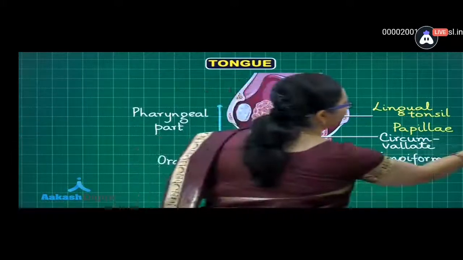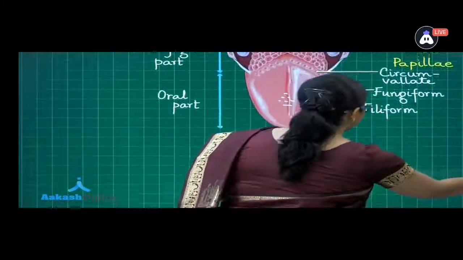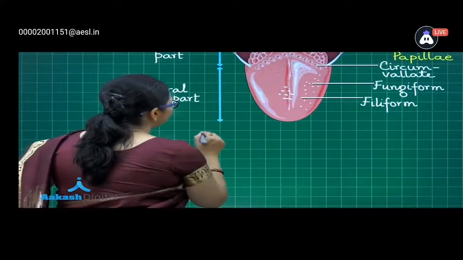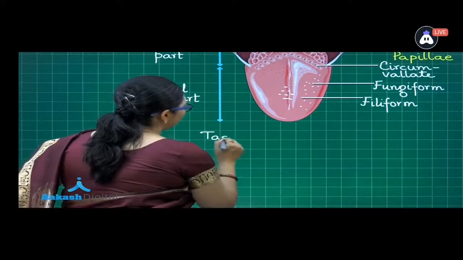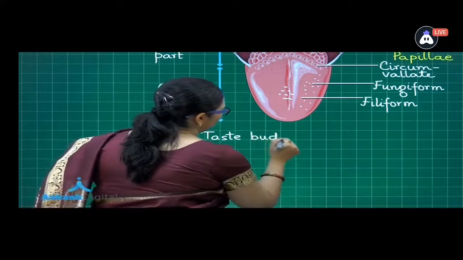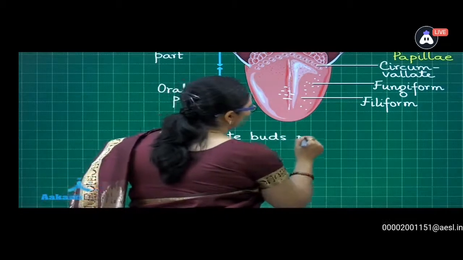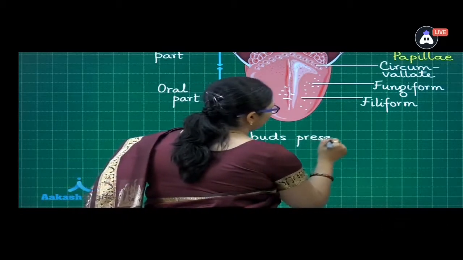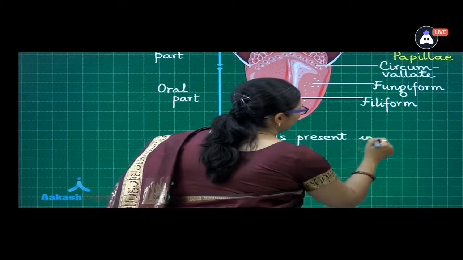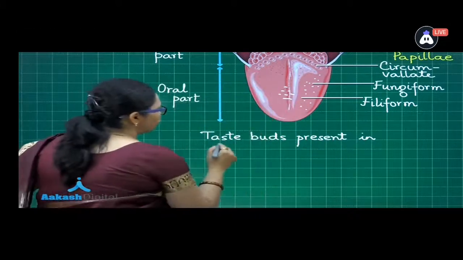So, the next thing that we can mention over here is that taste buds are present in two of the papillae, and those are vallate and fungiform.